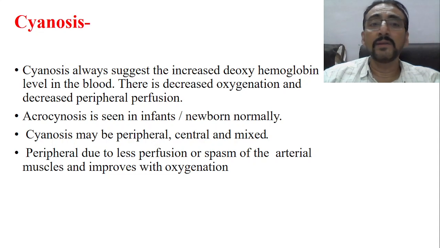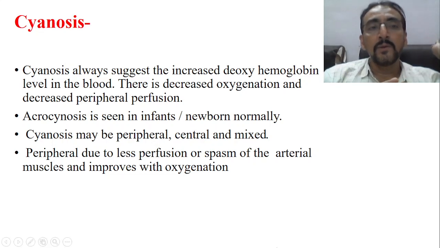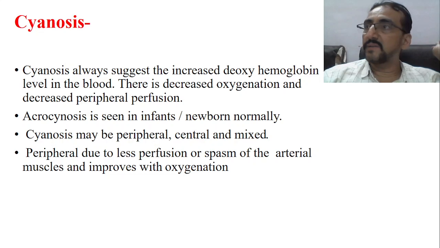Whenever there is cyanosis, it always suggests that there is an increased deoxyhemoglobin level in the blood. Everybody knows this. So there is decreased oxygenation and also decreased peripheral perfusion. A patient may come with peripheral cyanosis or central cyanosis.